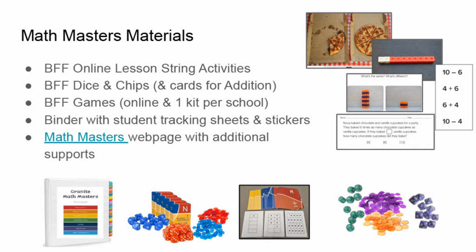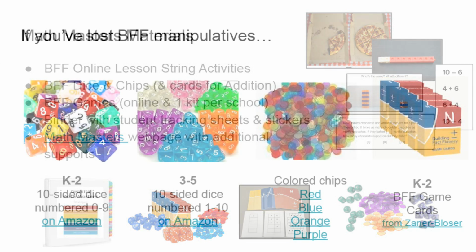You will also have a binder with student tracking sheets to be able to track their progress toward being math masters, as well as stickers for those tracking sheets. And the Math Masters webpage on our elementary math website that has additional supporting materials.